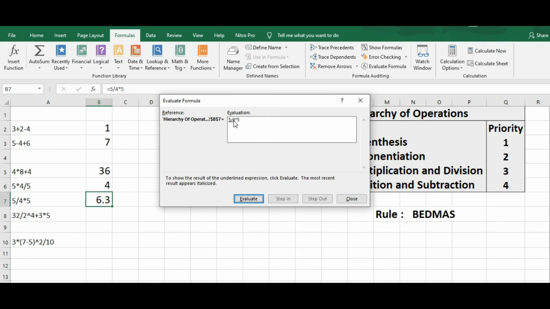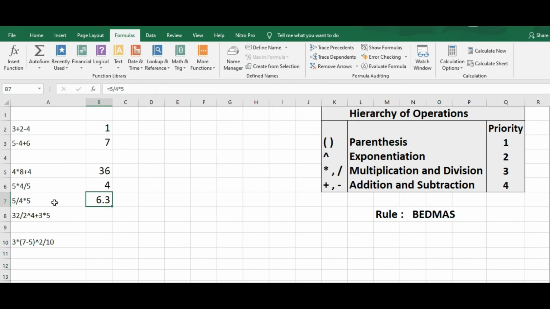Division is performed first, then with the result the multiplication is performed. So you can see that in both cases we have just exchanged the operators with each other, and here is how the result varies.